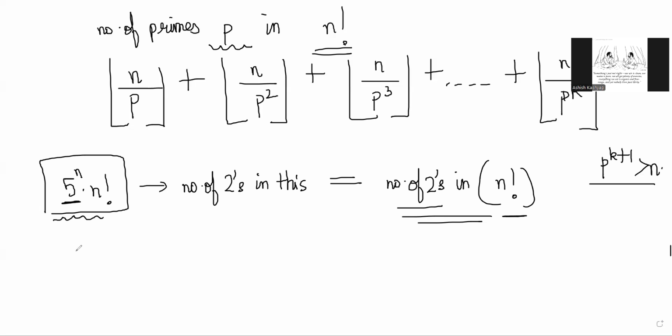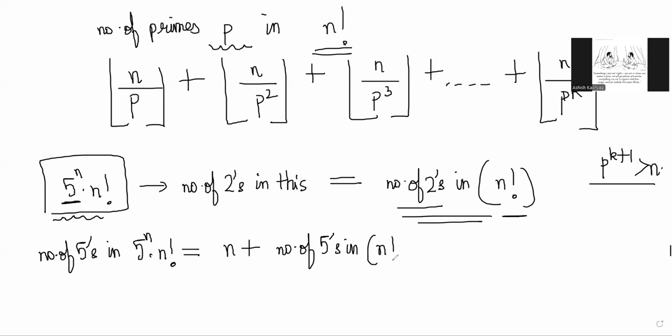And what you should realize is the number of fives in 5 power n into n factorial will be n plus the number of fives in n factorial. Right?